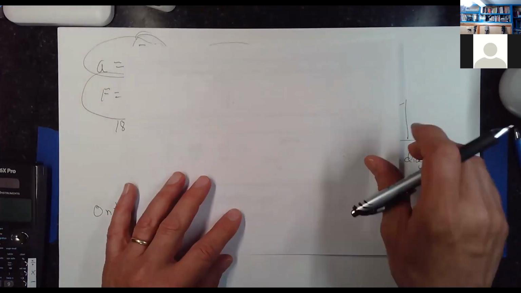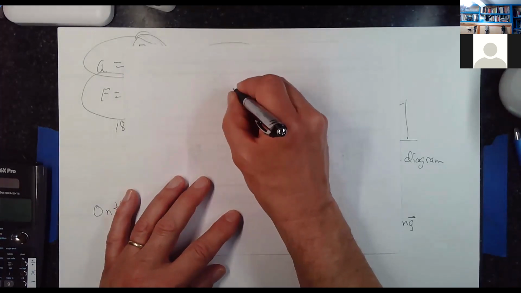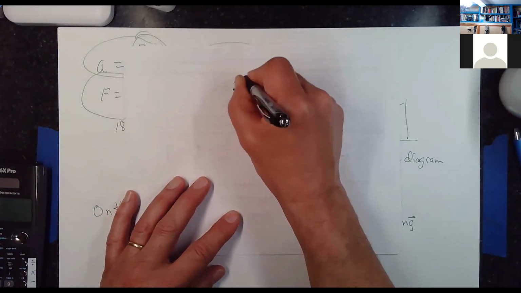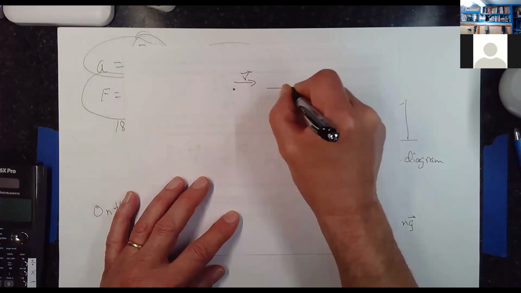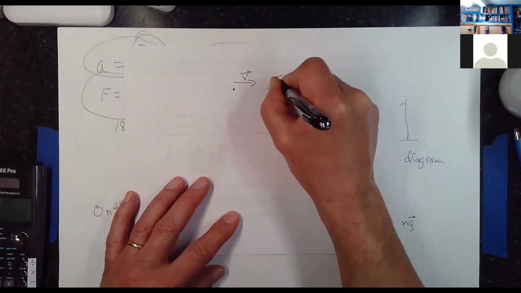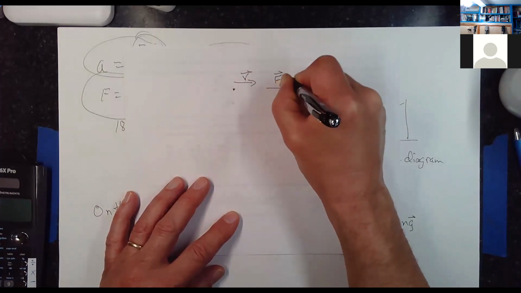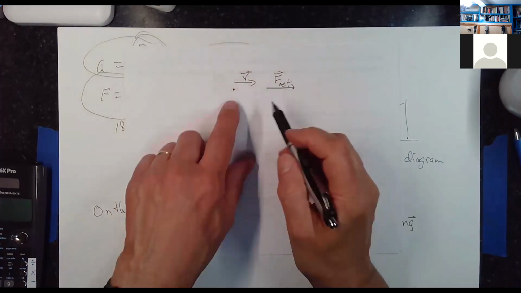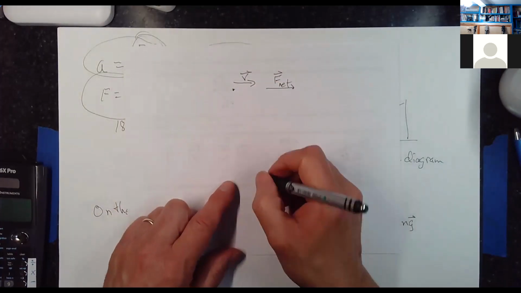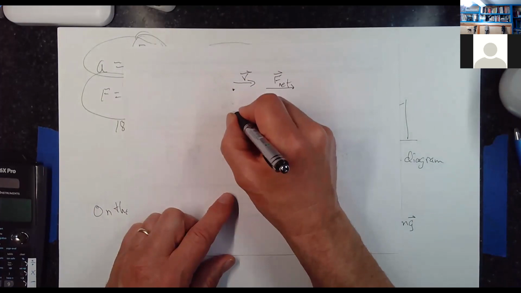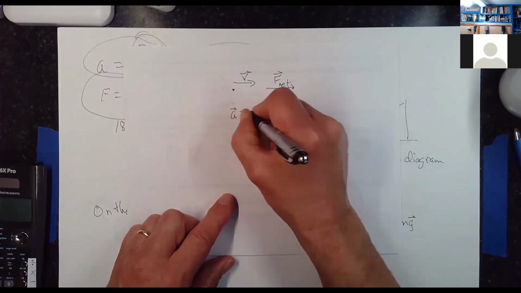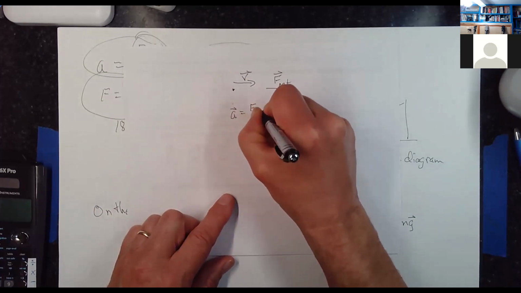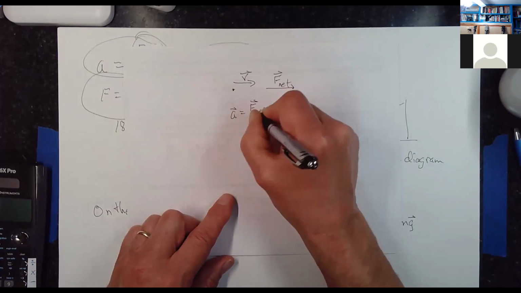So let's suppose that at some instant, here's the velocity, and that happens to be the direction of this constant non-zero force. Well, in this case, the acceleration will equal that net force divided by the mass.